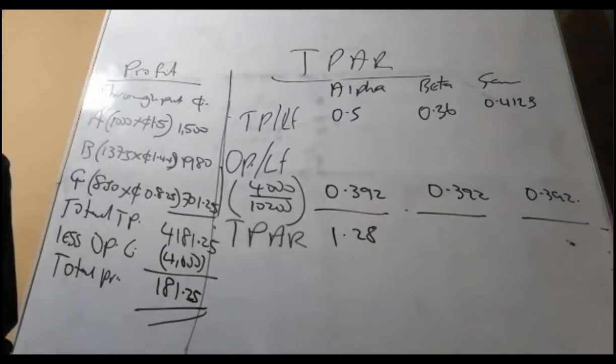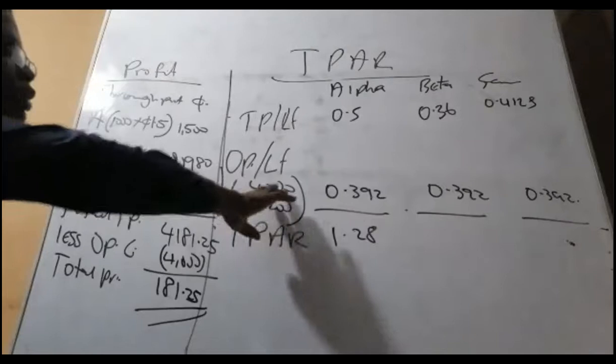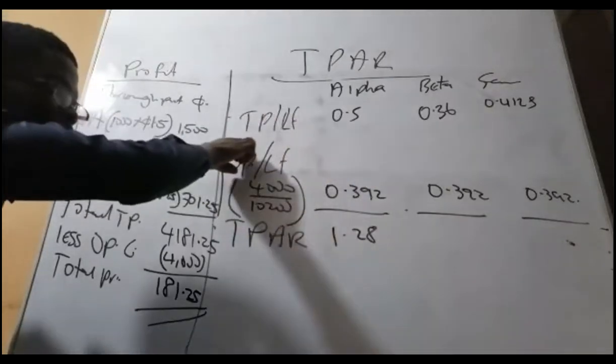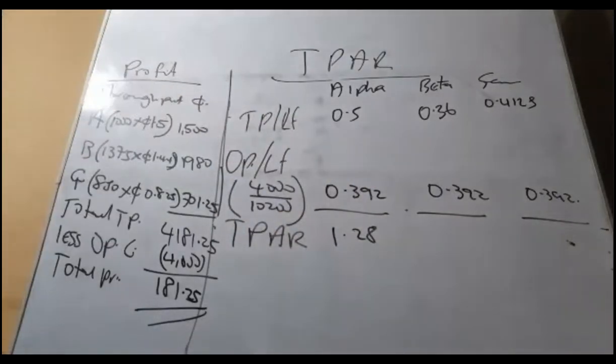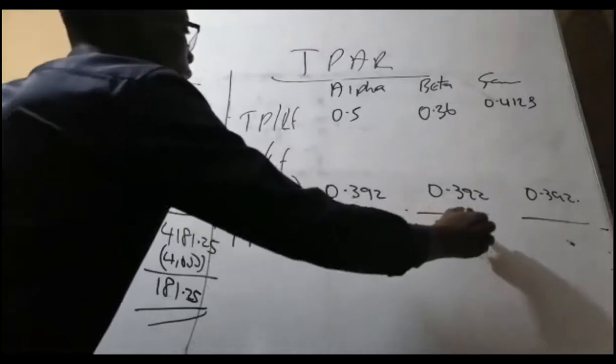Then the next one will be 0.36, still divided by the operating cost per limiting factor, which will be the same throughout, while the throughput per limiting factor will be different. The operating cost will be the same throughout. So 0.36 divided by 0.392 is 0.92.